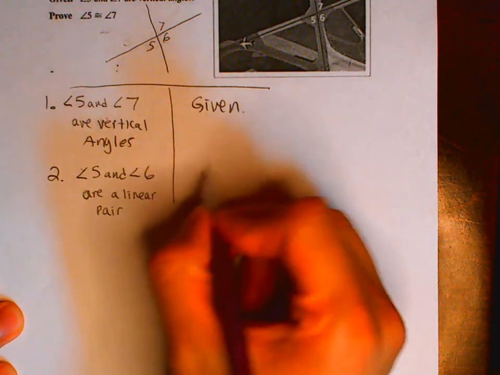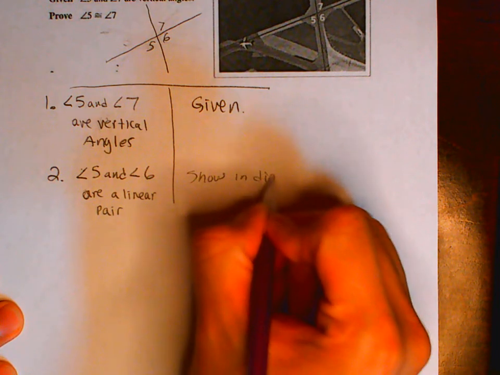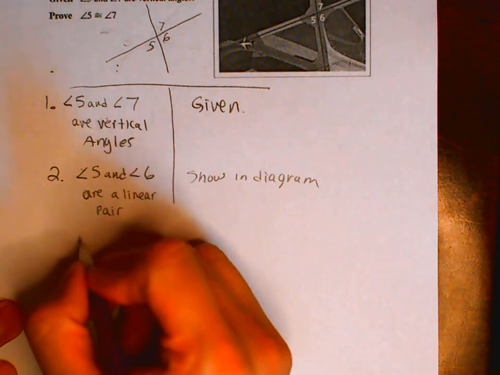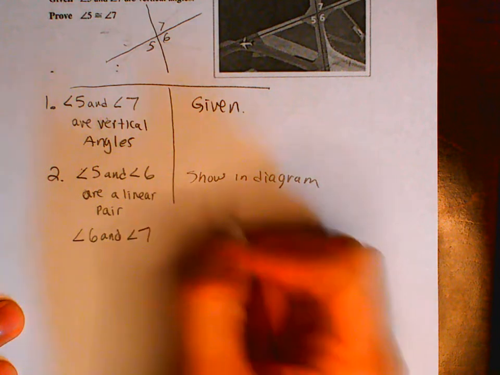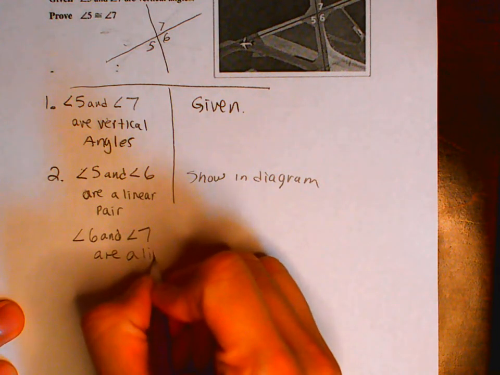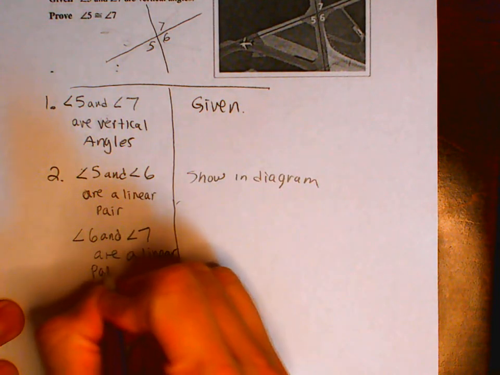And our justification is just shown in the diagram. And for the same reason, angle 6 and angle 7 are also a linear pair.